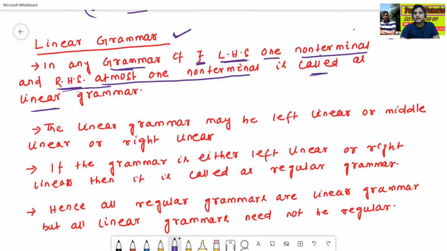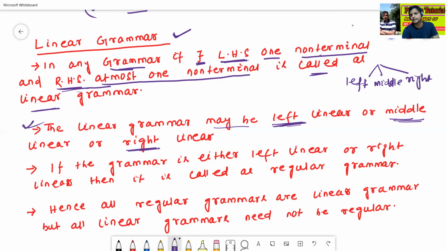The next point: the linear grammar may be left linear, middle linear, or right linear grammar.